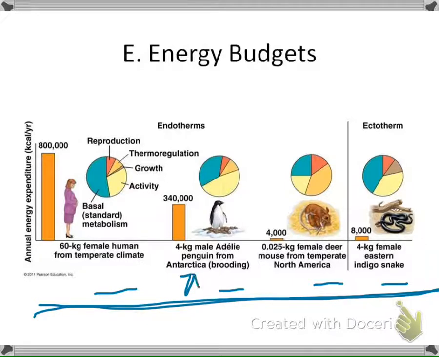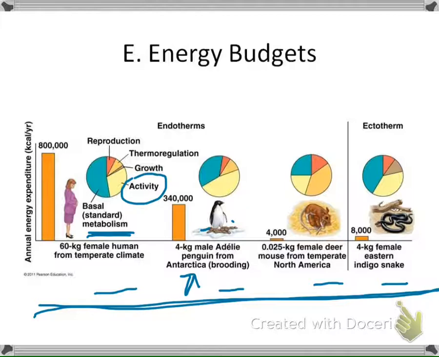Because they take care of the eggs and the babies. Reproduction is included because it's important to the survival of the species. In humans, most of the energy expenditure is on the basal metabolic rate, less on activity.